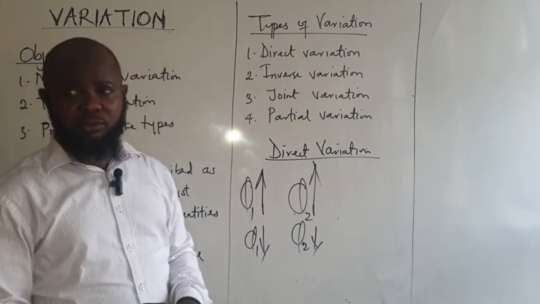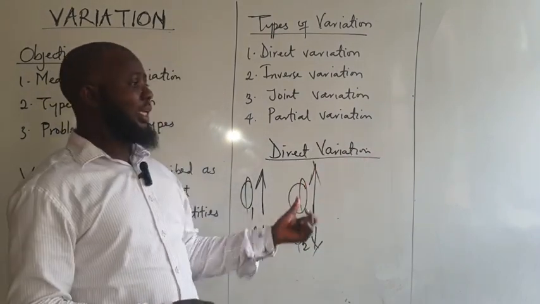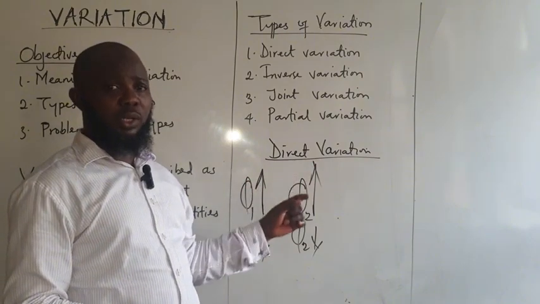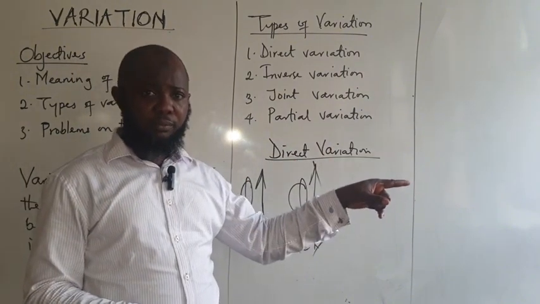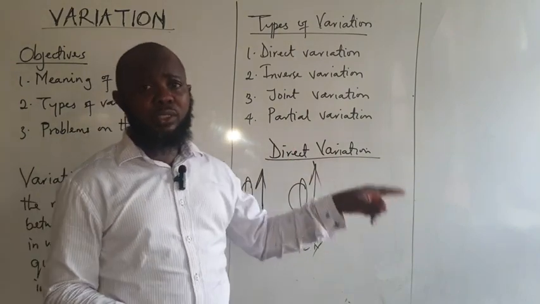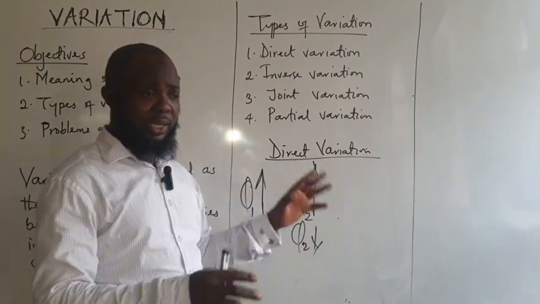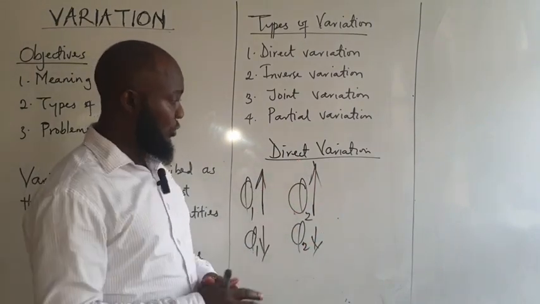When one variable is increasing, the other variable will also be increasing. Are you with me? Next, we are going to look at examples on direct variation and how we're going to solve them.